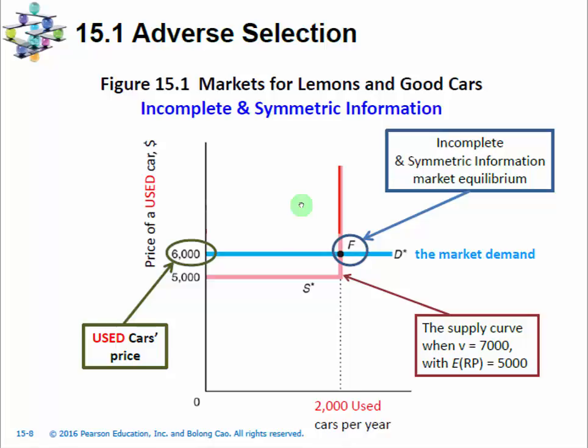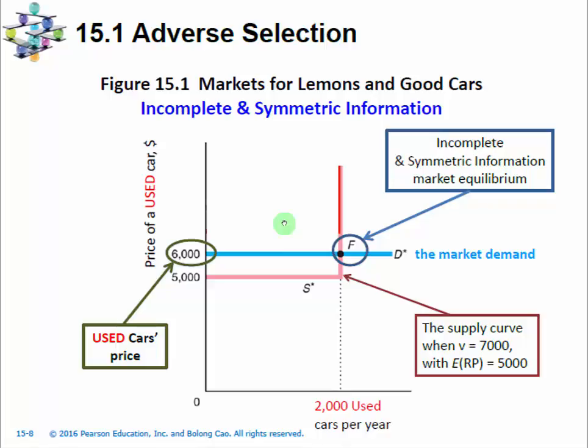Because neither side knows, this incomplete information is also symmetric. Because there are 2,000 used cars in total and half of them are lemons, there's a 50% chance for a buyer to buy a lemon, and a 50% chance for a seller to sell a lemon. We can assume that both sides are risk neutral, and each side is willing to pay or accept the expected value of the used cars.